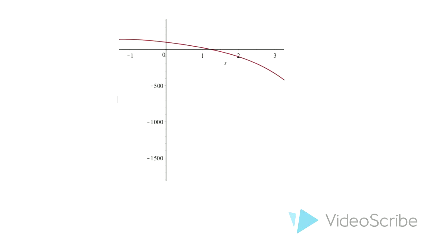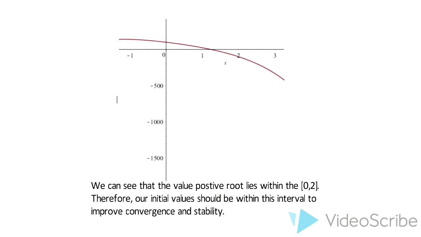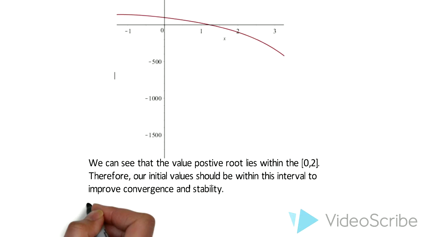I'm only focusing on the positive side, so this graph only shows the positive root of the function f of x. We can see that the positive root lies within an interval from 0 to 2, so we should pick initial values within this interval so that we can make sure the inverse quadratic interpolation method will converge and is stable.